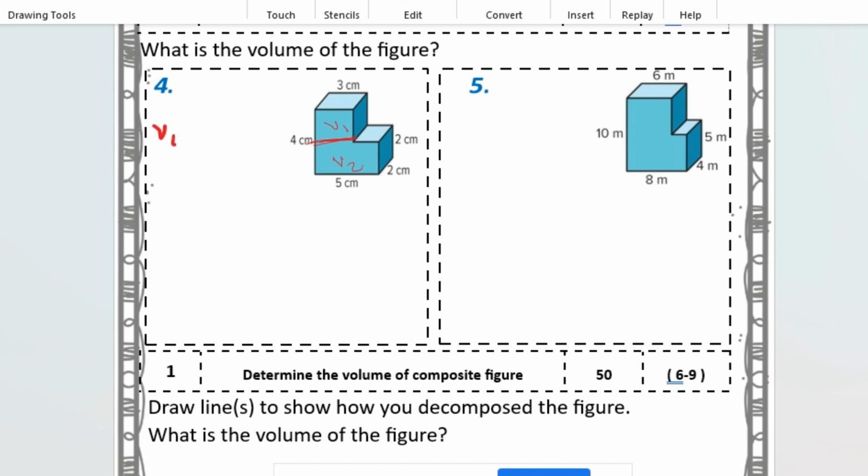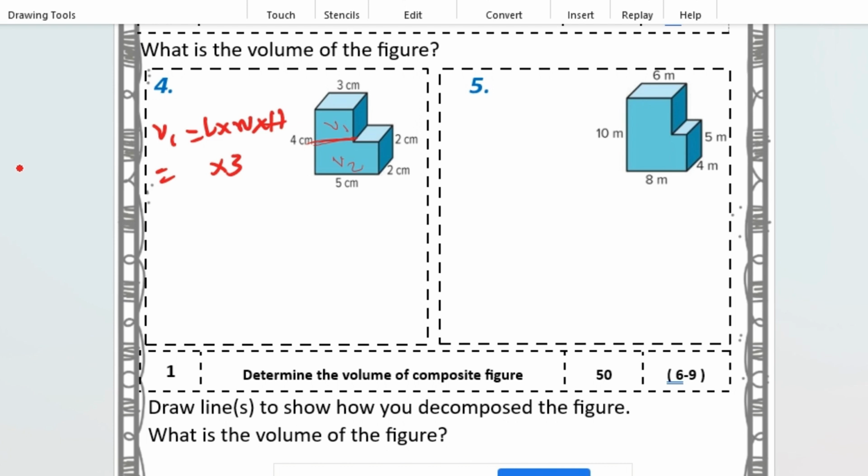So V1 equals what? L times W times H, which will be what? Where is the H? This is the W. This is the W, 3. So our W will be 3. The L is right here. How much is the L? It's 2, yeah?